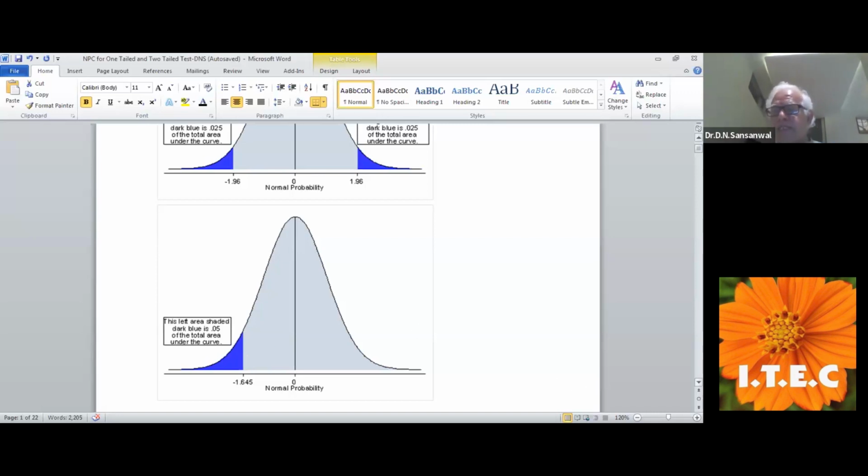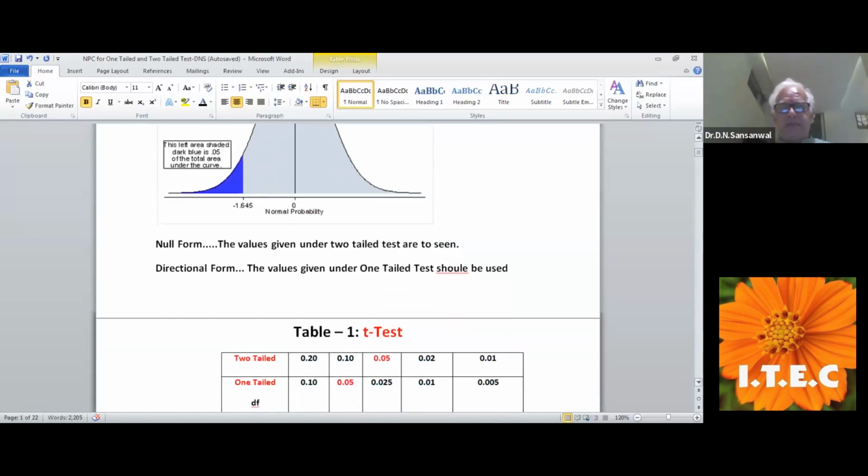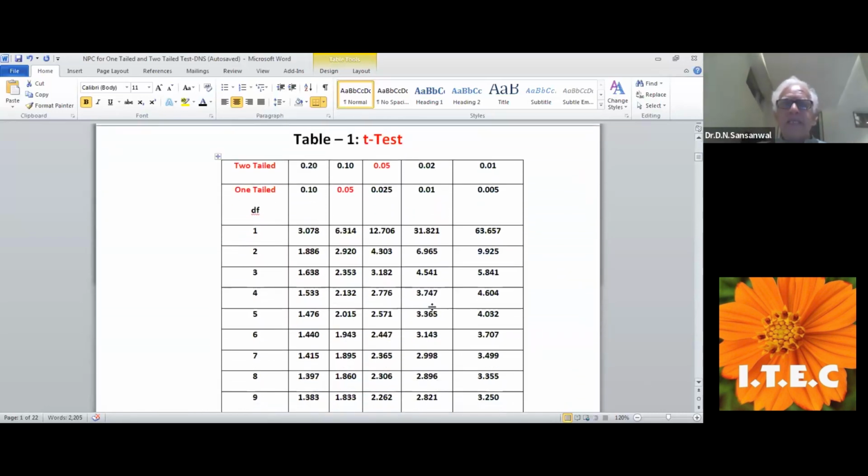Now you can see the table here. This is the one-tail, this is the two-tail value. If your DF is 1, then your value will be significant at the 0.05 level if your value is equal to 12.706.